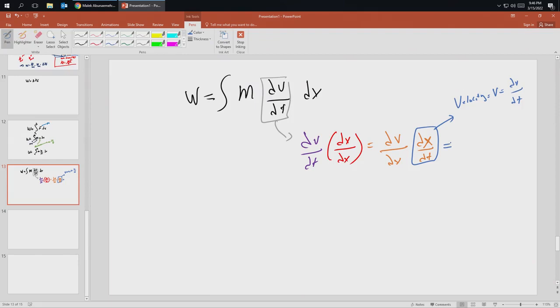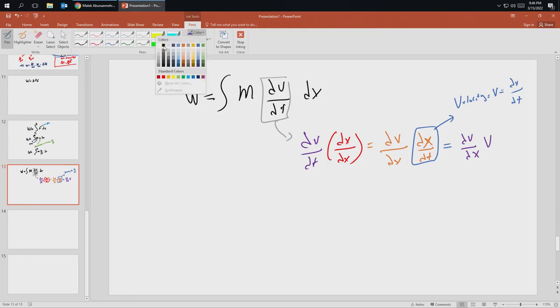So this really is going to equal, if you substitute it in, dv over dx times the velocity v.